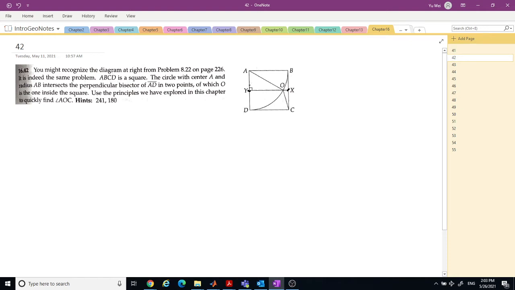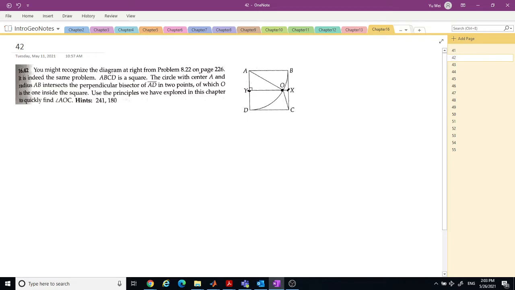Then we draw a quarter circle and they intersect at O. Then we connect AO and OC. So we want to use the principle we have explored to quickly find the angle AOC.